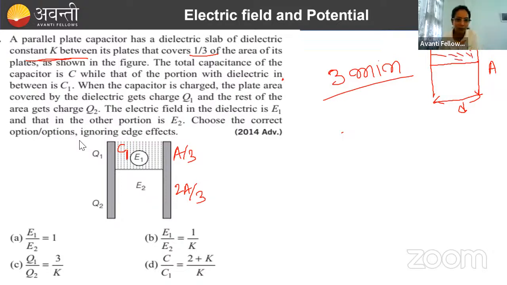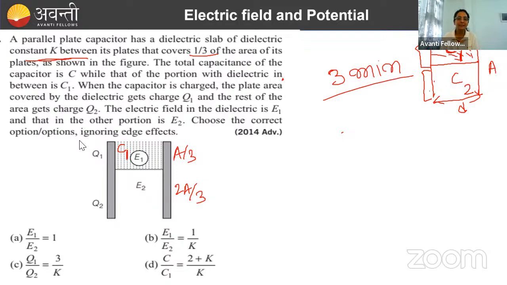Its dielectric constant is K. Because of the placement of the dielectric, the capacitor got divided into two parts, two different capacitors, we can say. So one capacitor is this and another is this. One has capacitance C1. Suppose the other has capacitance C2.